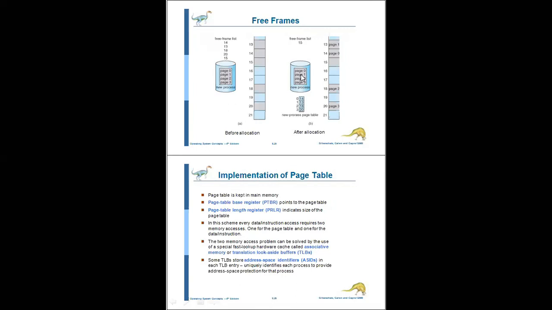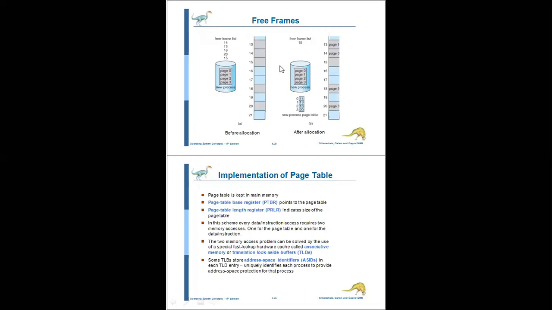Page 0 will be stored at 14. As I already told you, the first page of the process, page 0, is loaded into one of the allocated frames, and that frame number is put into the page table.